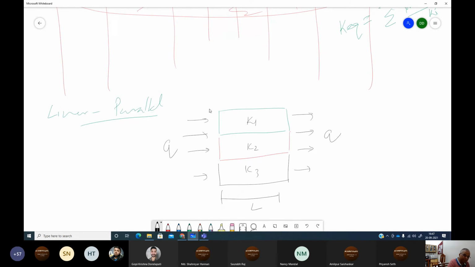L remains the same, but the cross-sectional area is changing. This thickness, let's say I put T1, T2, and let's say T. Can anybody tell me what this will be? Linear parallel. This is not K3, it is Kn.